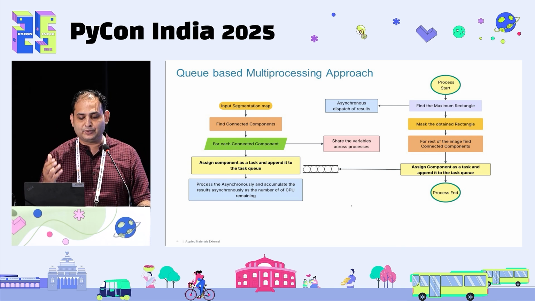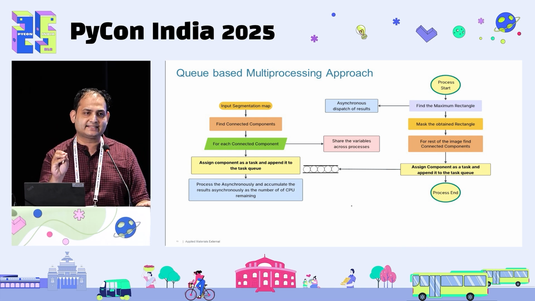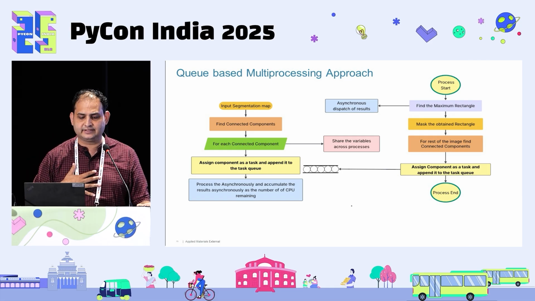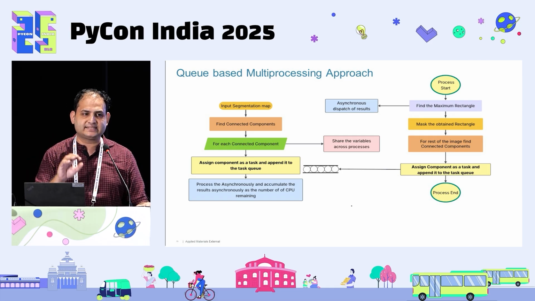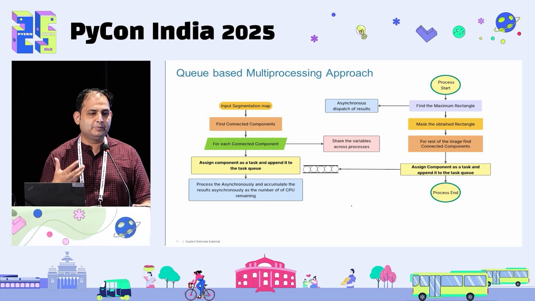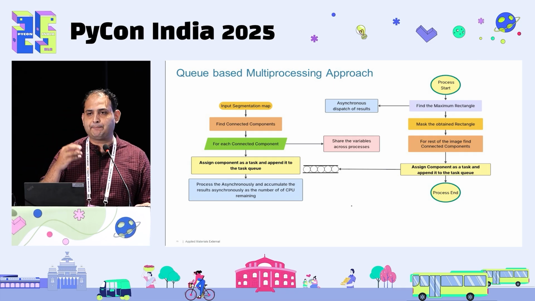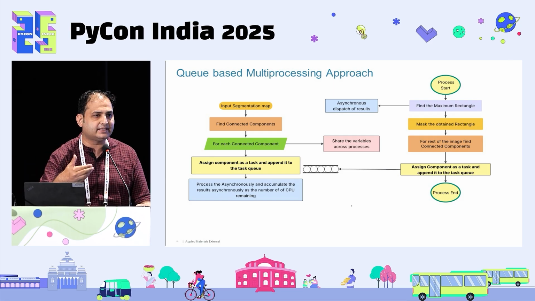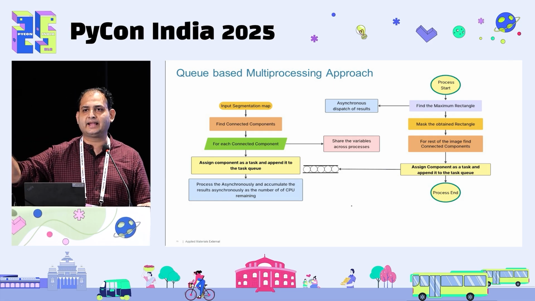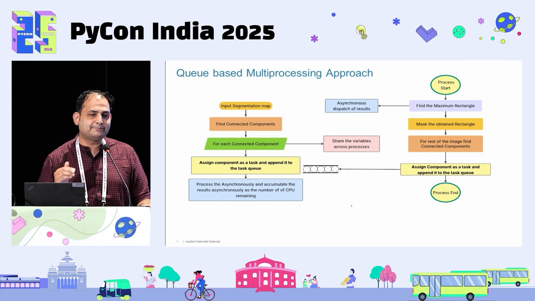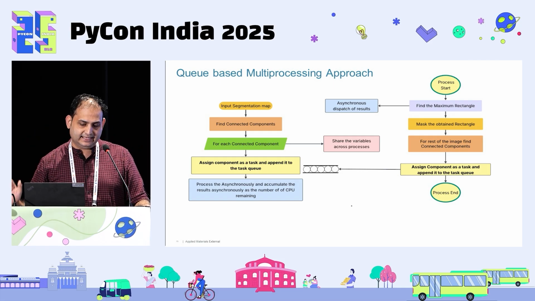I append it to a task queue, which I'll be processing later. And then I process this queue asynchronously. What do I mean by asynchronously? I process this and do not wait for results to come. I attach a callback there and let the callback handle the whole process. So in this manner, it happens.